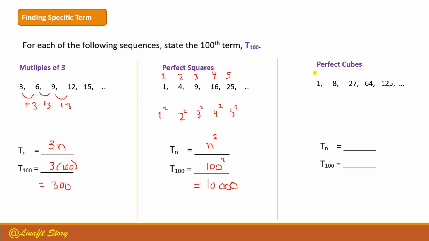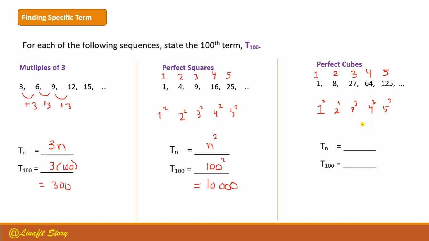Perfect cubes. The first term is 1, the second term is 8, the third term is 27, the fourth term is 64, the fifth term is 125, and so on. So we know here they are cubes. 1 cubed is 1, 2 cubed is 8, 3 cubed is 27, 4 cubed is 64, 5 cubed is 125.